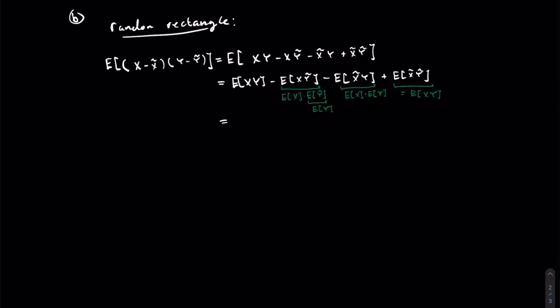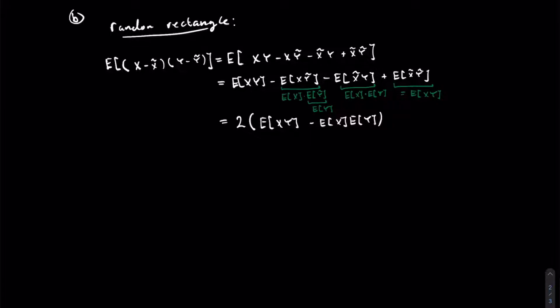Okay, and so here we have then twice the expectation of x, y minus expectation of x, expectation of y.